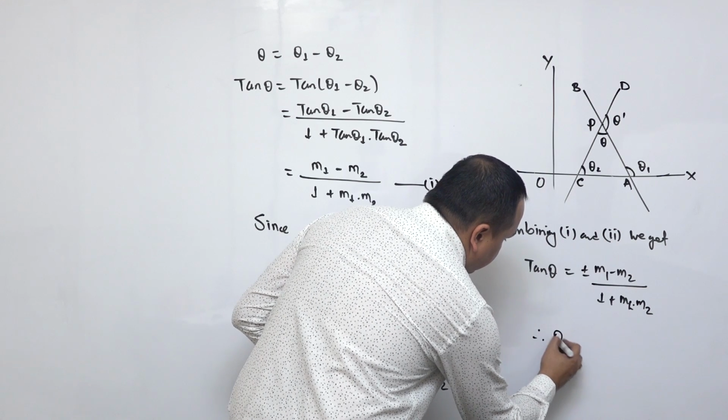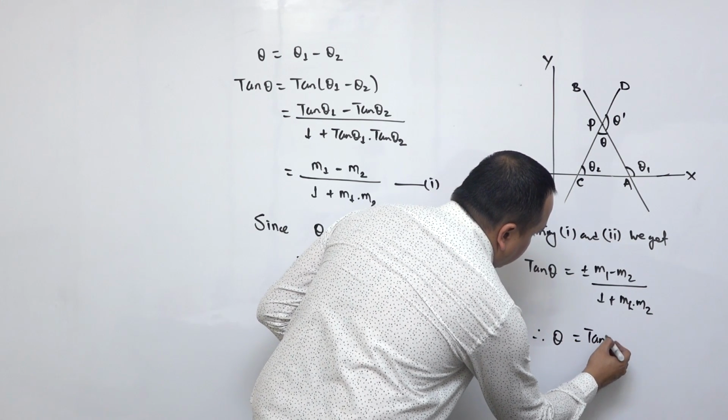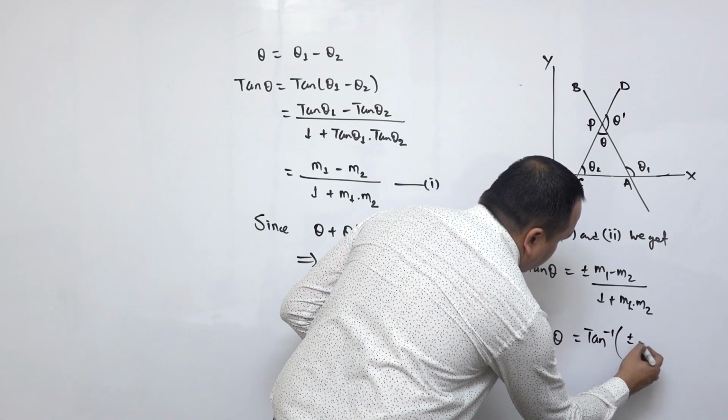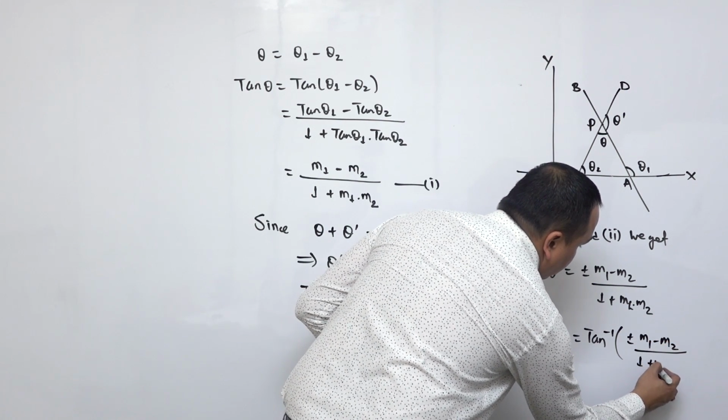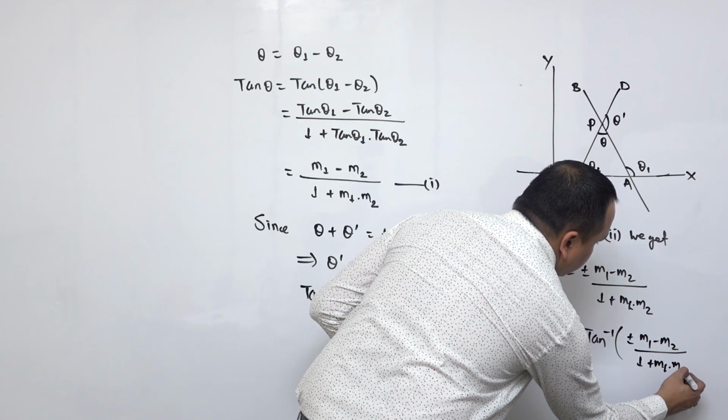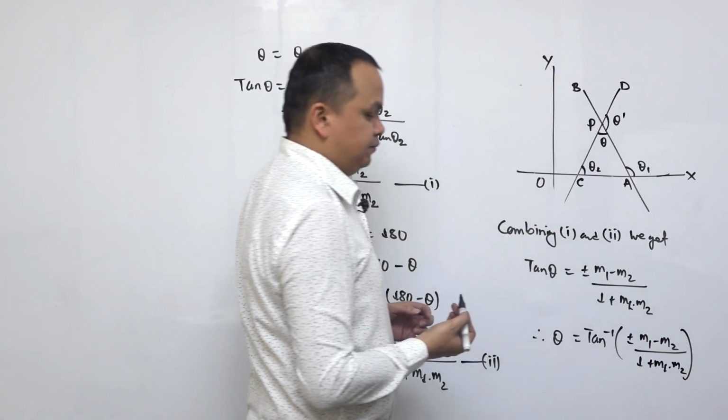Therefore, theta is equal to tan inverse of plus minus m1 minus m2 upon 1 plus m1 into m2.